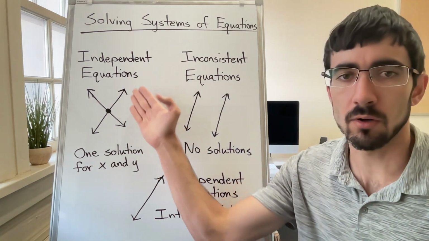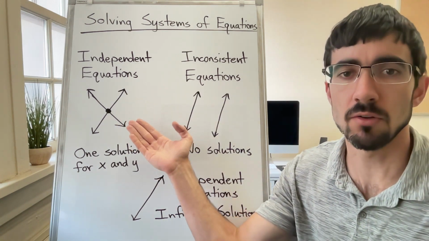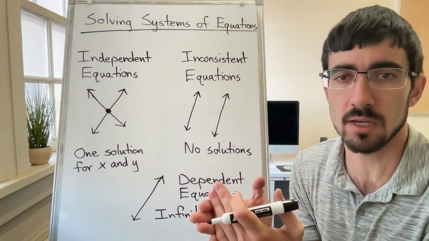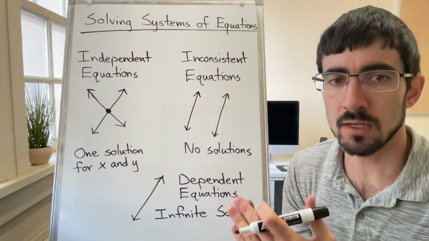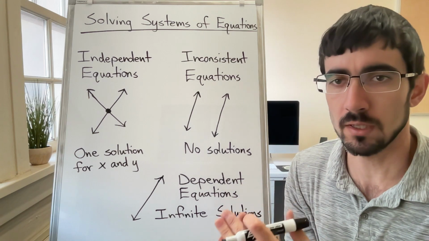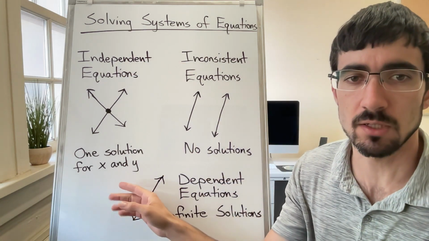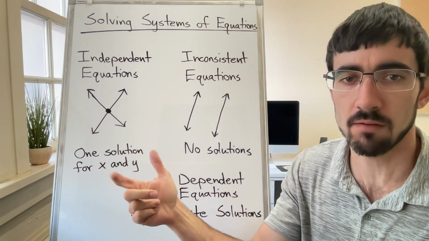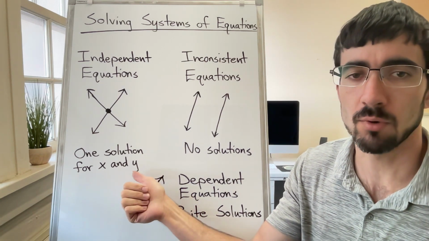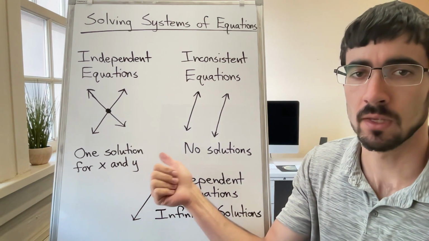First, we could have what are called independent equations. These are two different lines that intersect each other. And if lines intersect, they intersect in only one point. That intersection is the solution. So for independent equations, there is one solution. It has an x value and a y value, but it's one unique solution.